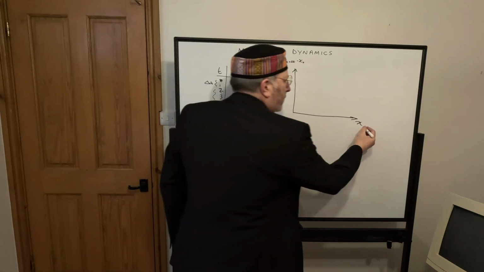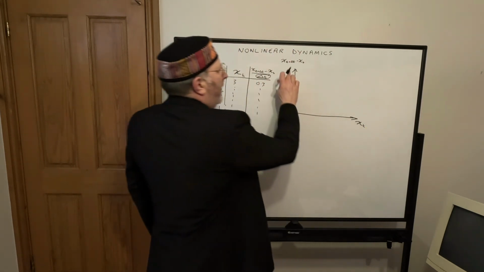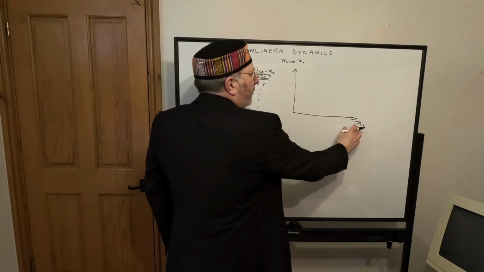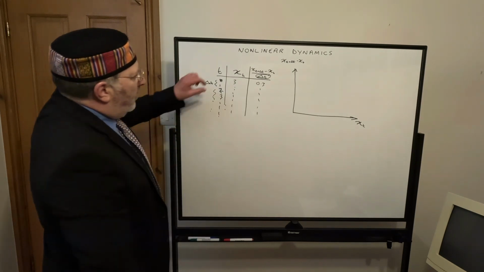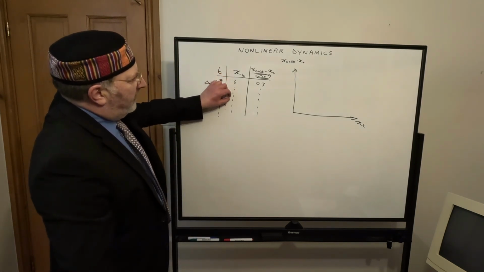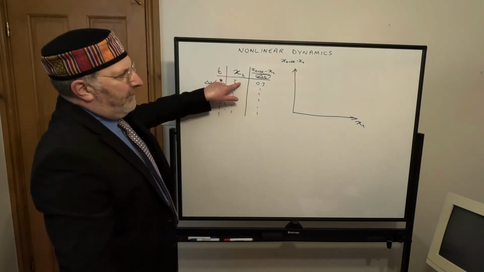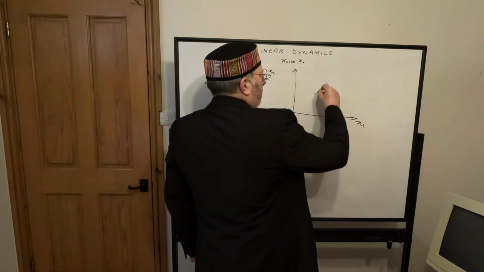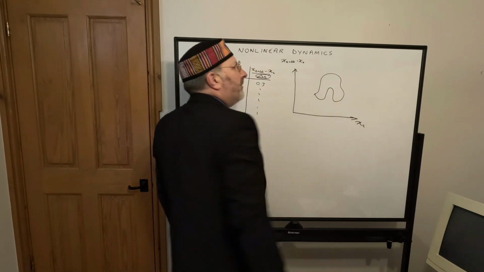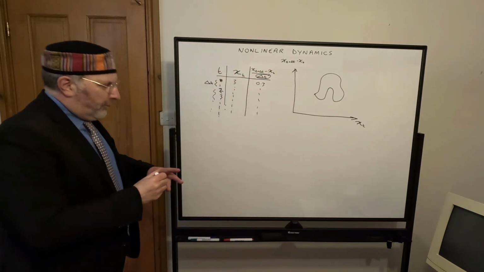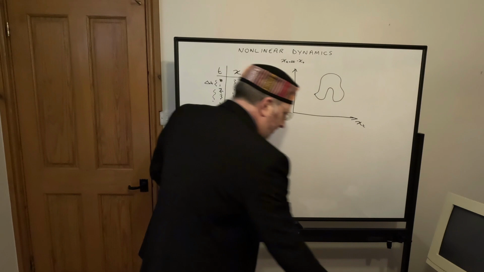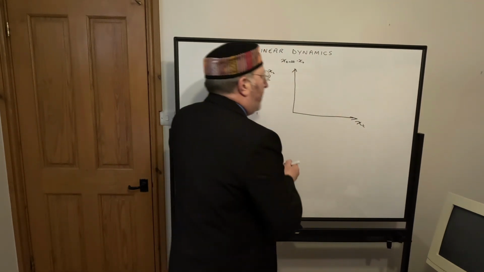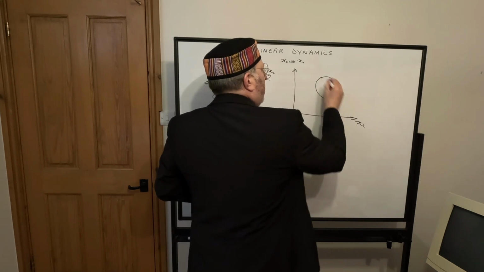So in other words, we can just plot x(t plus delta t) minus x(t) against x(t). So in other words, we plot the difference between successive values against the value. And we might get something like that, a phase portrait, or perhaps a bit of a happier example, we might get something like that.